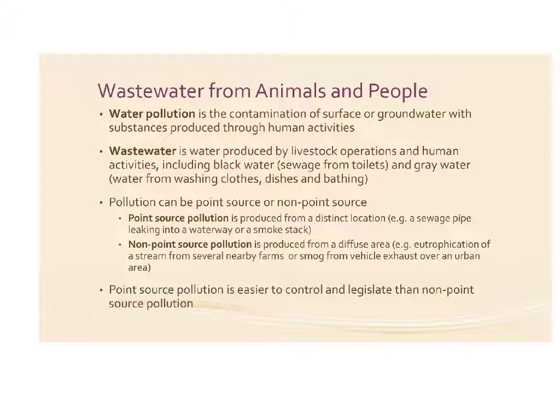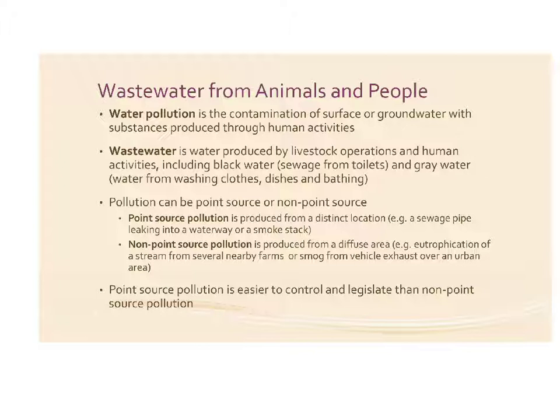So pollution in general can be point source or non-point source. Point source pollution is produced from a distinct location. In class, I often will talk to this as, can you point to a source, even though that's not really what it means. It means that the location can be pinpointed, like a sewage pipe that's leaking into a waterway, or perhaps a smokestack in terms of air pollution.